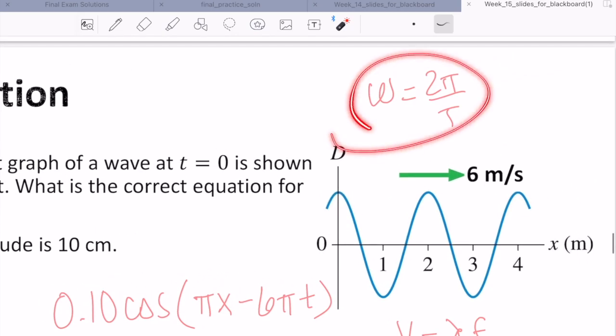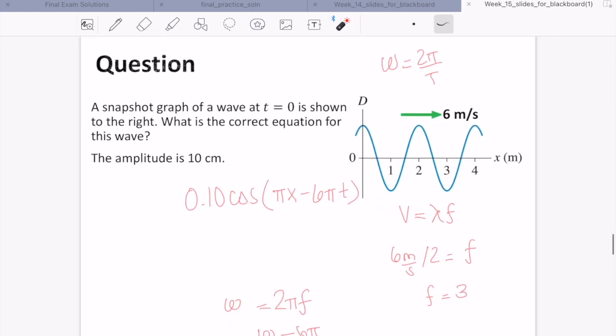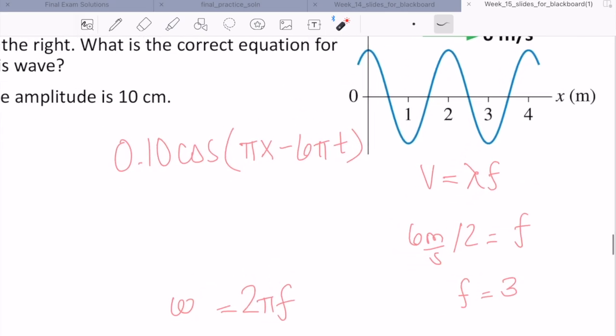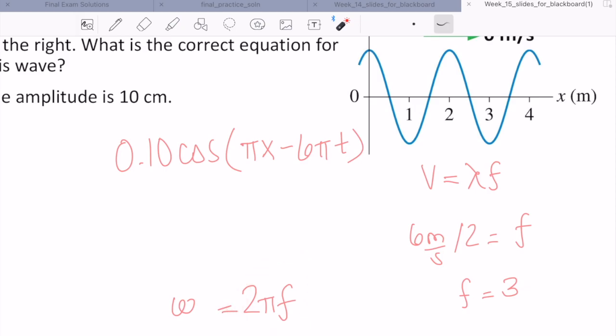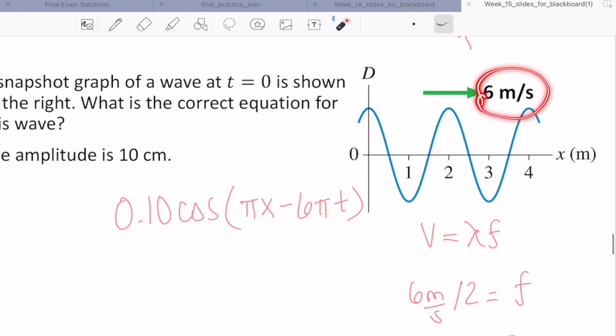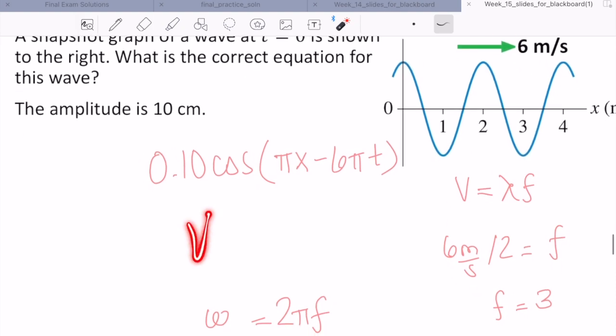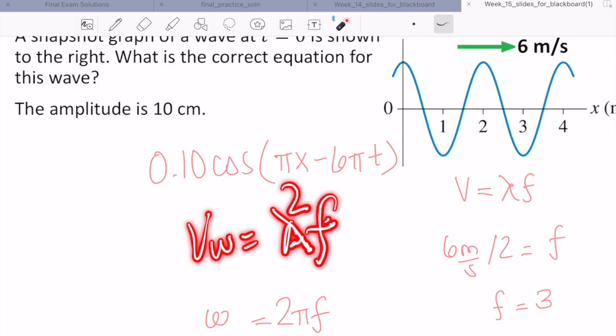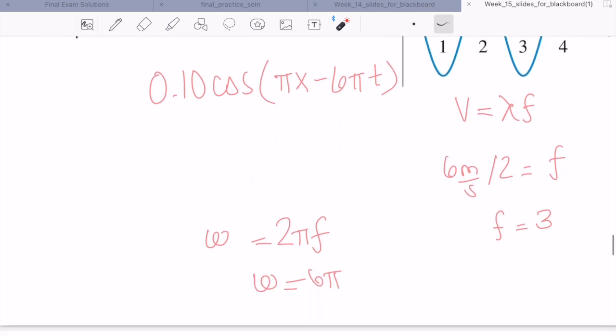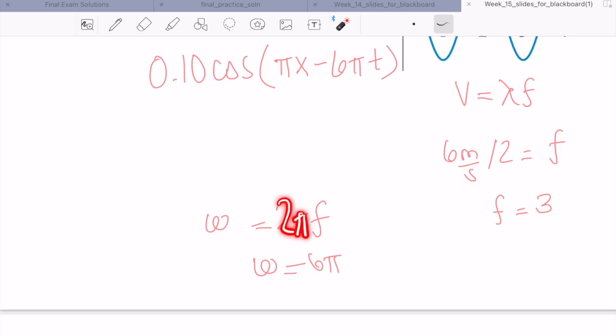For my angular frequency, I know that's equal to 2 pi over my period, but unfortunately this isn't a history graph, so I can't figure out my period from here. It's also equal to 2 pi times frequency. I can get my frequency because they gave me my speed. The speed of a wave is equal to your wavelength times your frequency. So if my wavelength was 2 and my speed was 6, then my frequency should be 3.